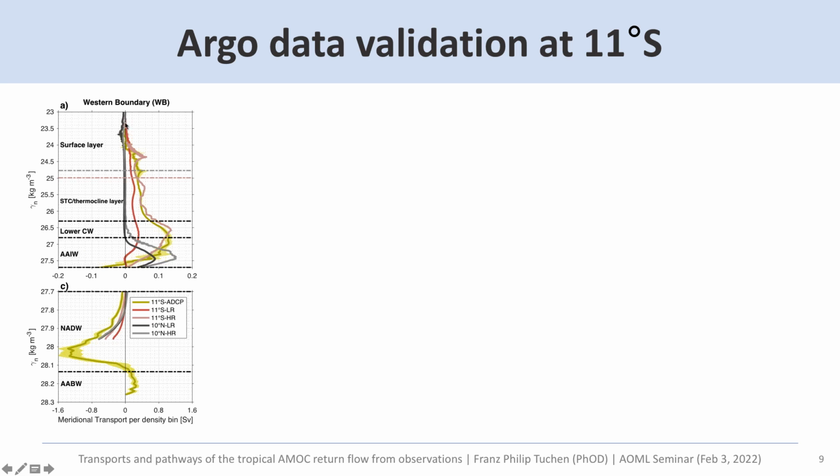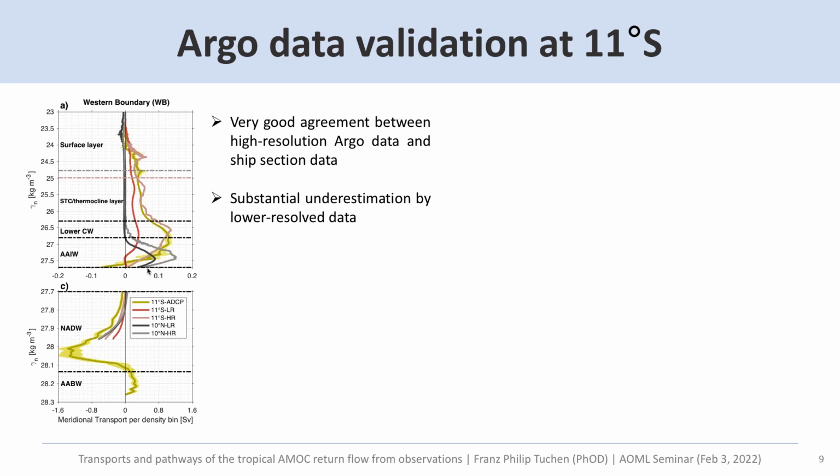But coming to the return flow layer again, you can see that at 11 South, the low resolution product is largely underestimating what we are observing by ship measurements, and this difference is greatly reduced when we are using the high resolution product, which is a bit shallower. So the core is a bit shallower, but overall the structure is quite well reproduced. We were quite excited about this outcome.